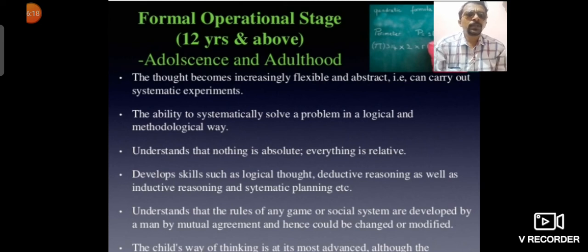The ability to systematically solve problems in a logical and methodological way. For example, high school, PU or degree level students are able to solve mathematical problems or science experiments, etc. This is the last cognitive development stage of human development.